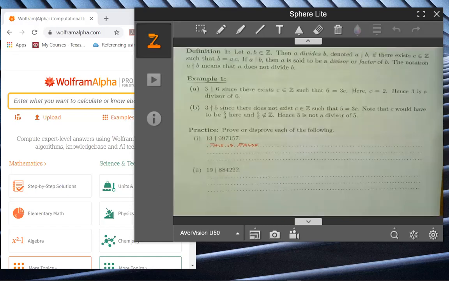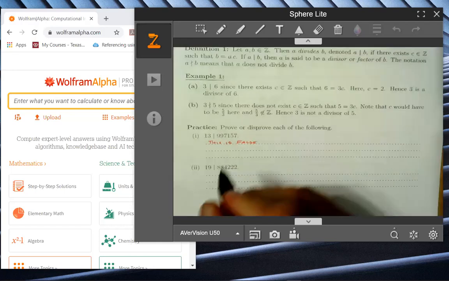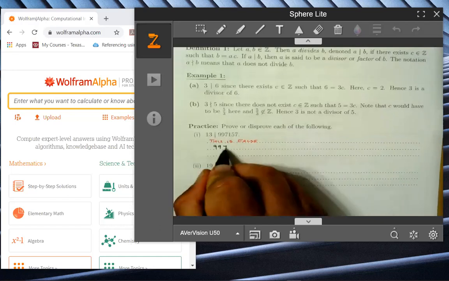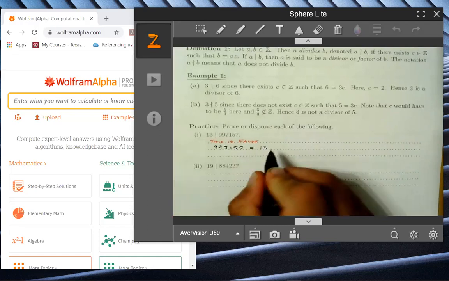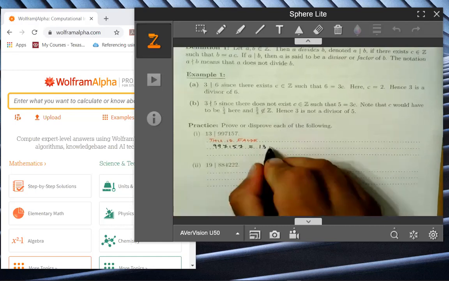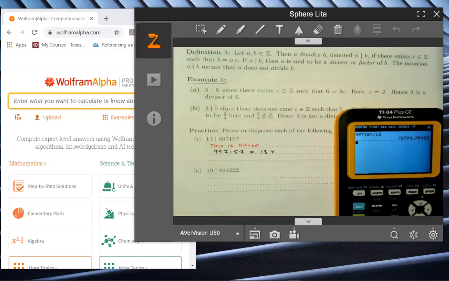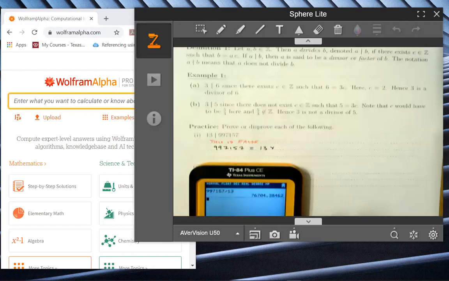Why? Because 997,157 is going to be equal to 13 times, and what number did we see there? 76,704.